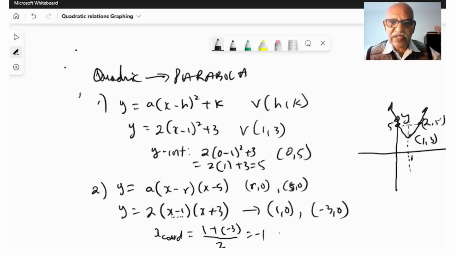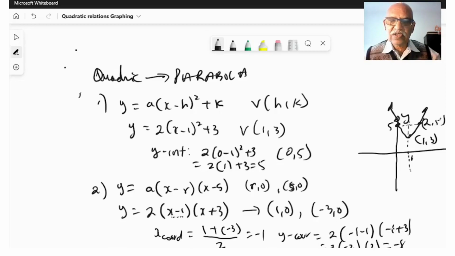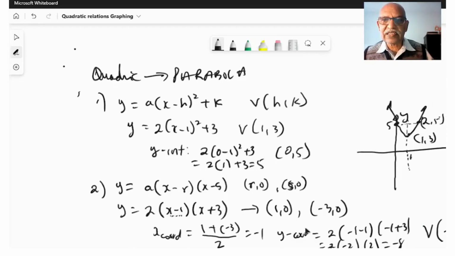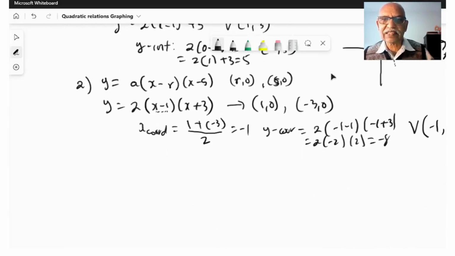To find the y-coordinate, I substitute x equal to negative 1 into my original function. 2(negative 1 minus 1)(negative 1 plus 3), which is 2 times negative 2 times 2, which is negative 8. Therefore, my vertex will be (negative 1, negative 8). So now we have the vertex and the two x-intercepts. So it's easy now to graph it.